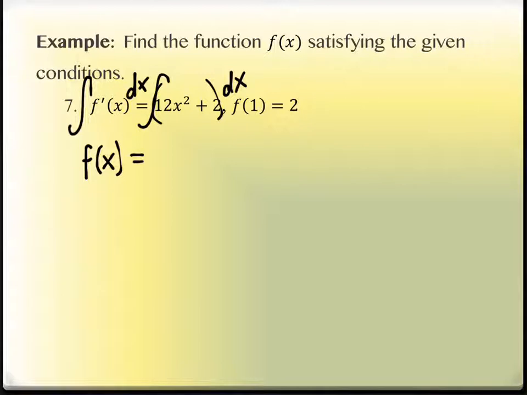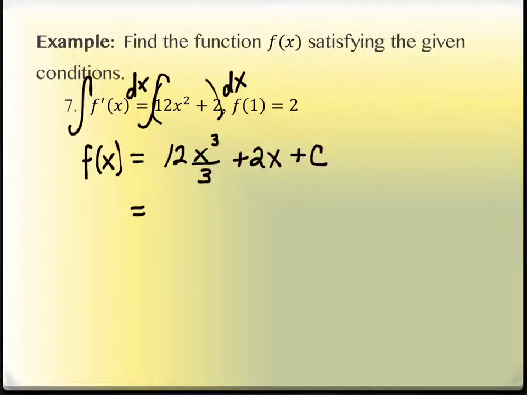All right, 12x squared. What's the antiderivative of 12x squared? 12x cubed over 3. What's the antiderivative of plus 2? Right, I've got my plus and then 2x. And then I also need plus c. Let's clean this up.